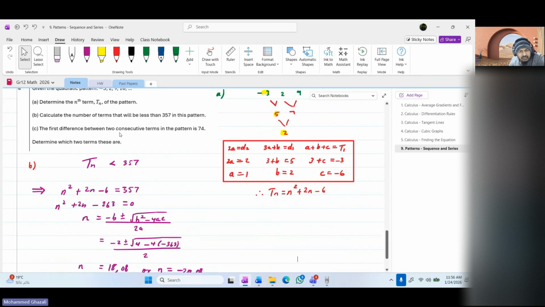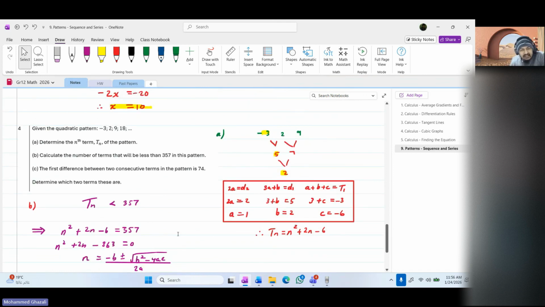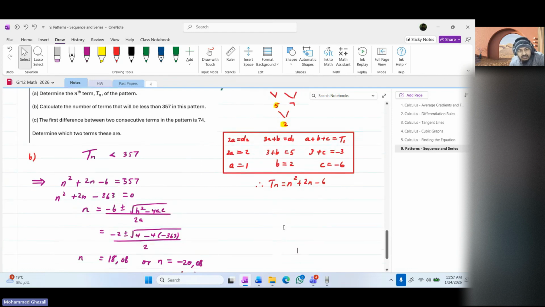The first difference between two consecutive terms in the pattern is 74. Determine which two terms these are. So what they're saying is, the first difference between two consecutive terms in the pattern is 74. I need to explain this question to you.